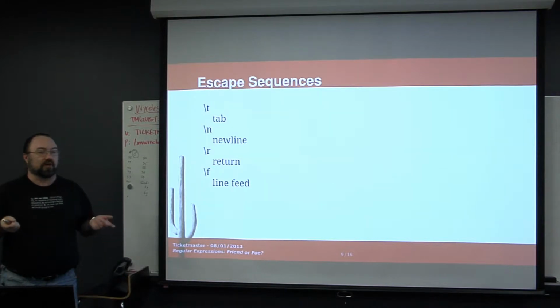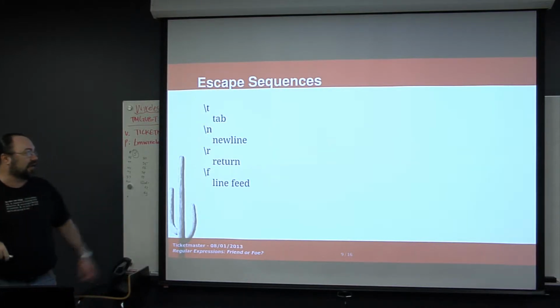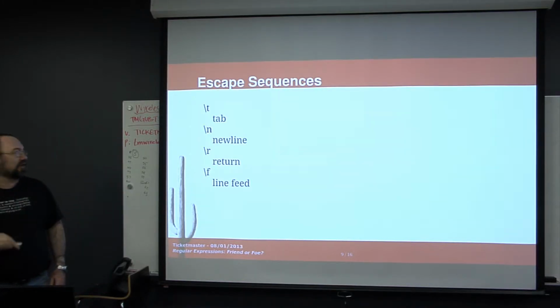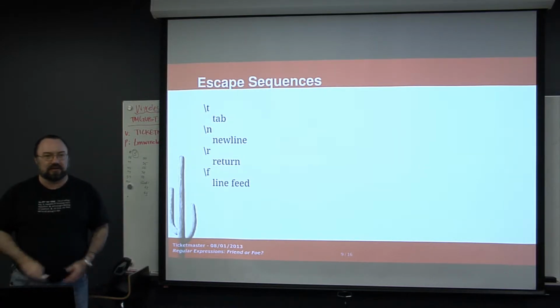That's why if you've ever taken a Windows file and put it on Unix, you'll end up with like ^M. A lot of times you'll end up with weird characters at the end of the line. That's why. It's because it's trying to interpret this combination of characters, and it doesn't treat them the same way as Windows does.